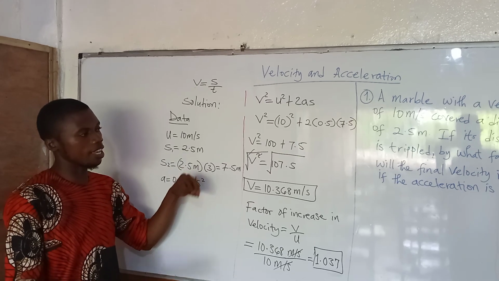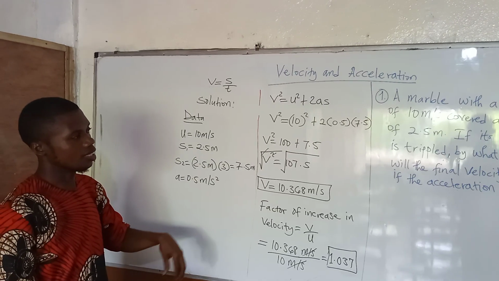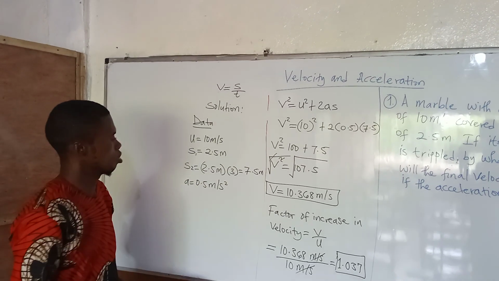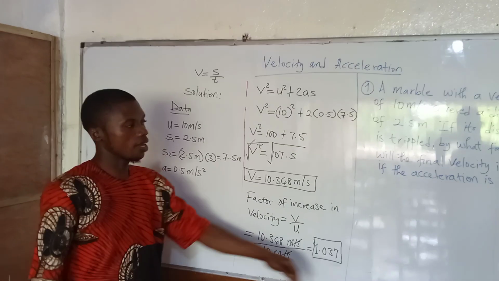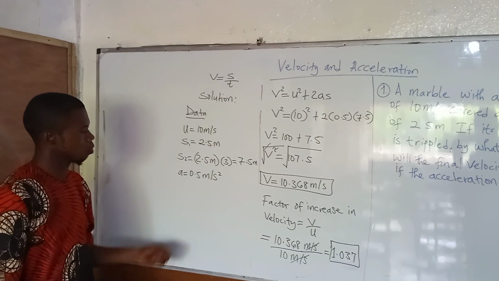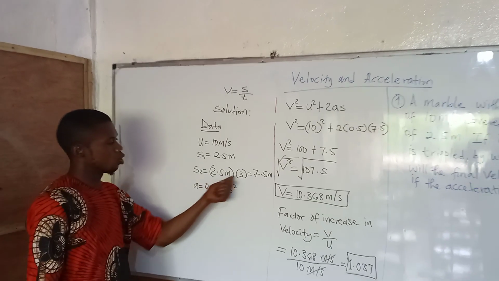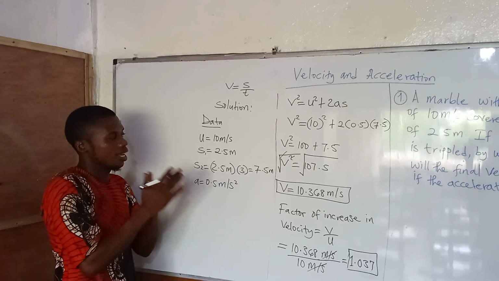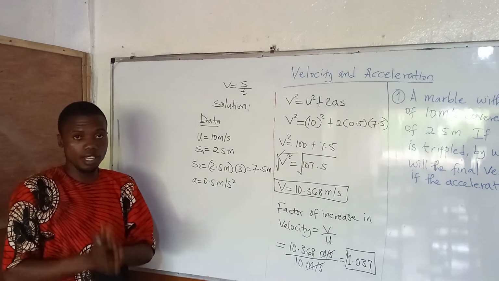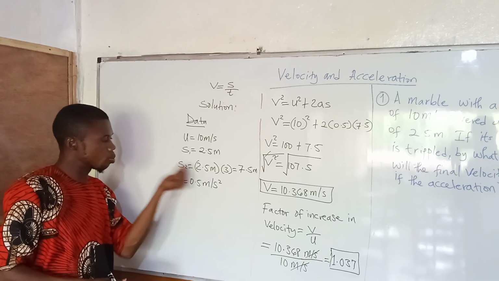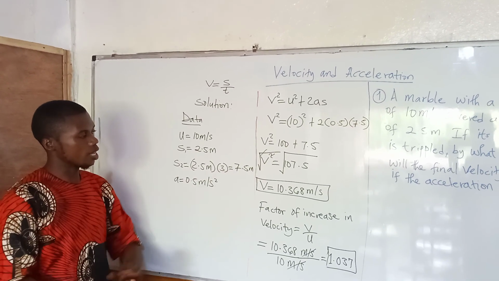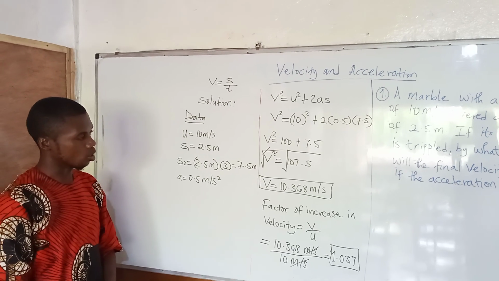Now the question says if the distance is tripled, what will be the increase in velocity, by what factor? If we triple that, it means I'm going to multiply the distance value by 3. If we multiply 3 by 2.5 meters, we get 7.5 meters.